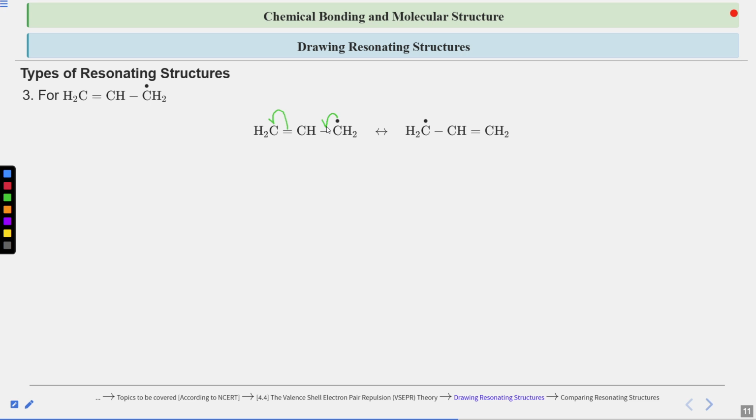I'm telling you here because I'm trying to teach the whole of resonating structures right here. Apart from the energies and all, I'm trying to teach the basics of it all. So if you look at this structure, I have used a half hooked arrow. Now what is the meaning of this arrow? The meaning of this arrow is that only a single electron is moving here and not a pair of electrons.